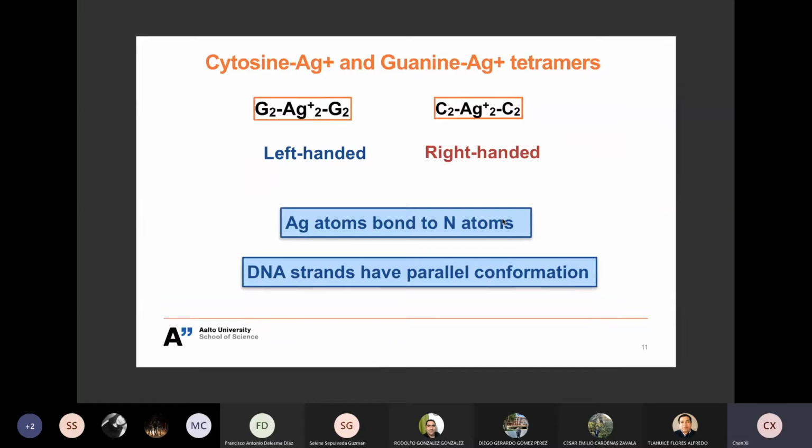So to make a summary, the guanine silver tetramer is left-handed, and the silver cytosine tetramer is right-handed. But both of them have the silver atoms bound to nitrogen atoms, and also DNA strands have a parallel conformation. So this is different from natural DNA, because natural DNA has this anti-parallel conformation.